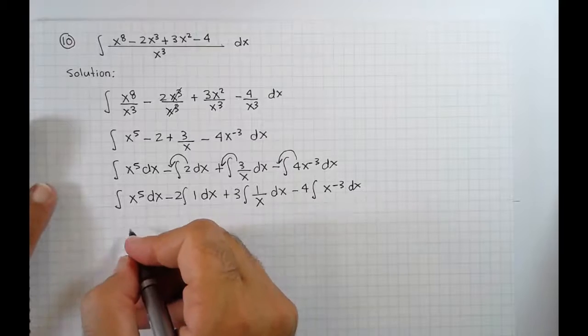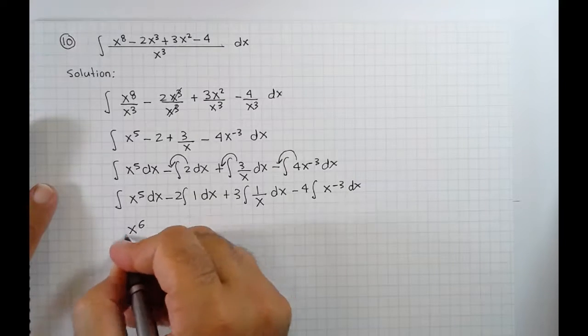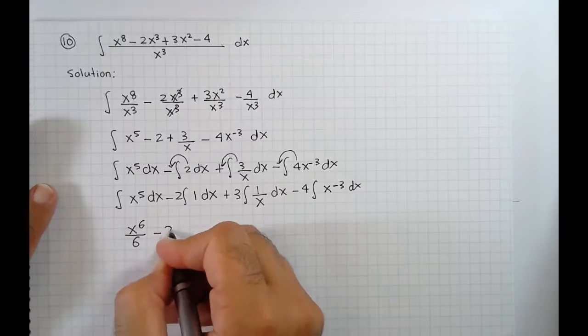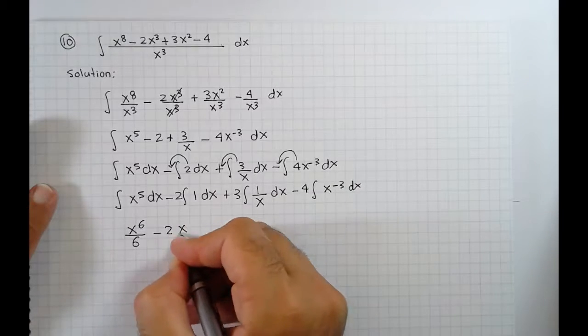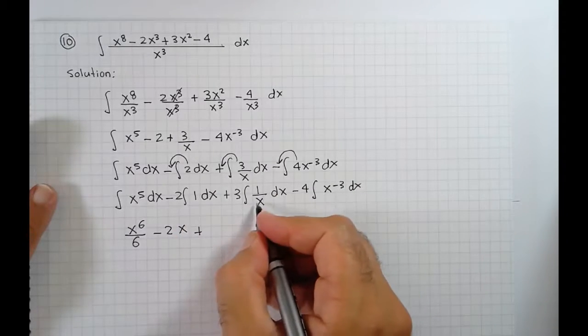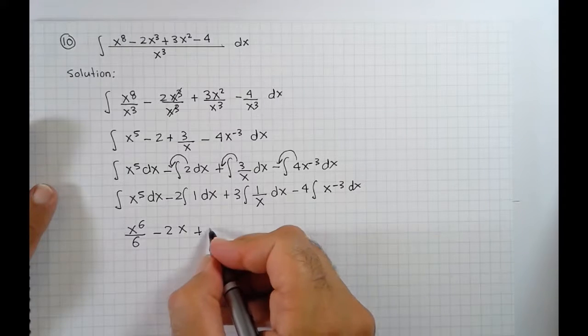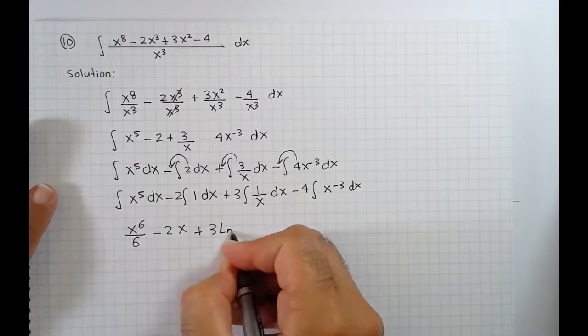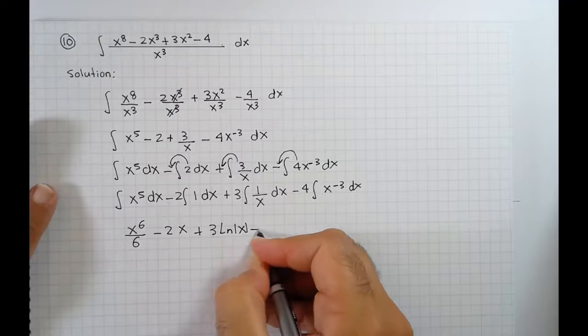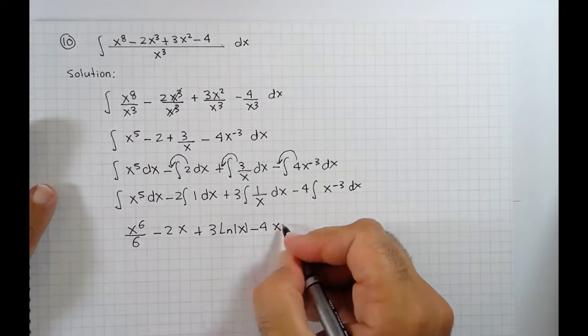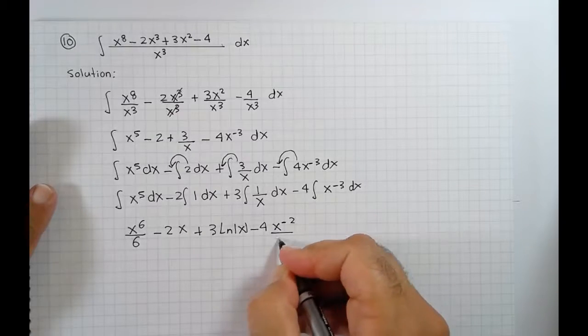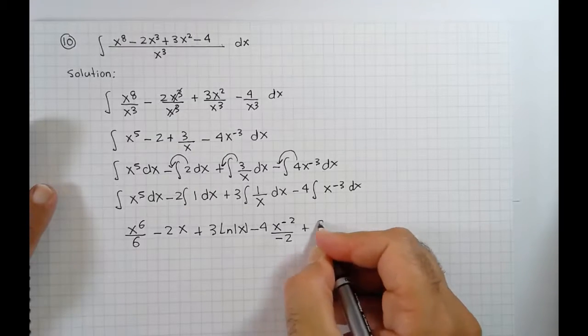Applying the reverse of the power rule, this is going to be x to the 6 over 6 minus 2. What is a function whose derivative is 1? That's just x. Plus, what's antiderivative of 1 over x dx? That is log x. So that's 3 log absolute value of x. Minus 4, antiderivative of x to the minus 3, add 1 to the exponent, x to the negative 2, divide by minus 2 plus c.